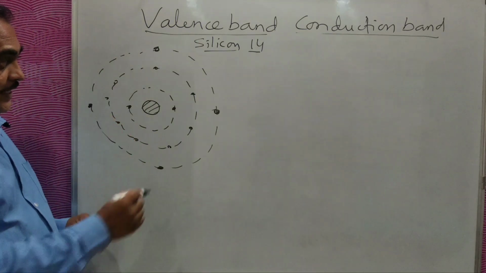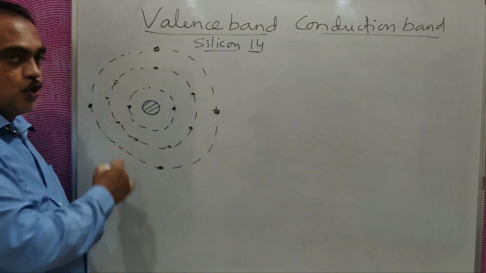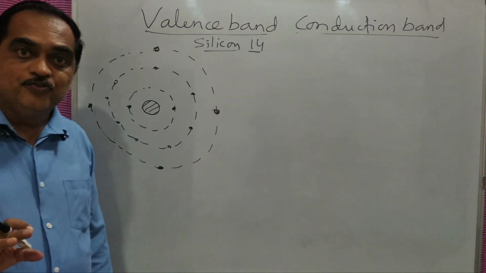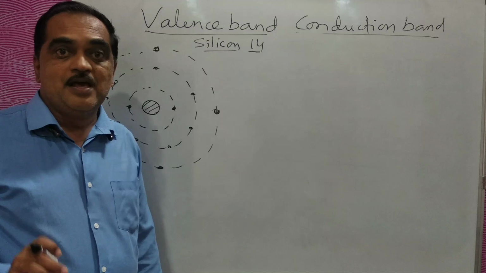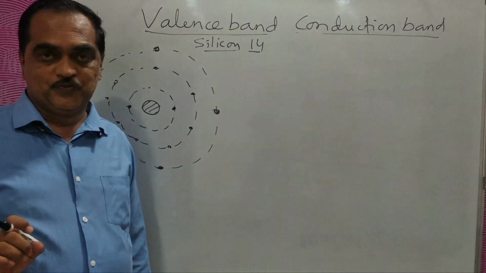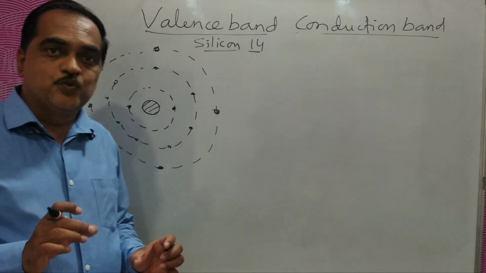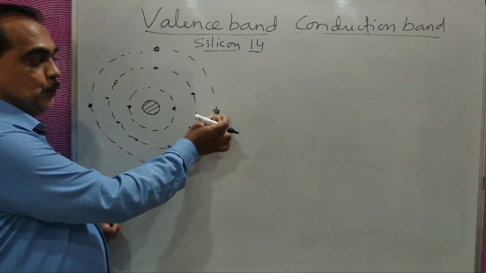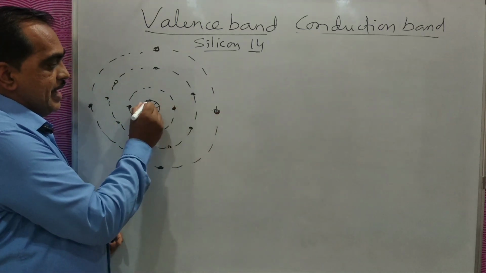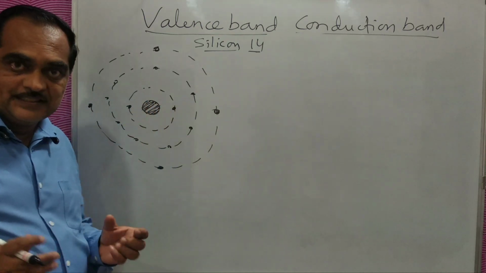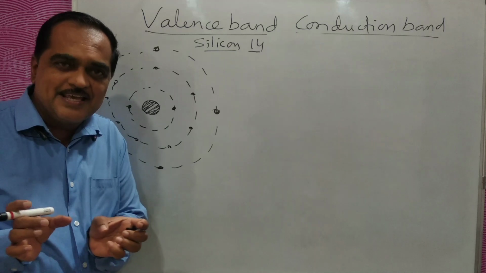Now we know that electrons in the last orbit of any atomic structure are called valence electrons. Now these electrons are loosely attached to the nucleus. The negative force of this electron and the positive force of this nucleus will have little less attraction.